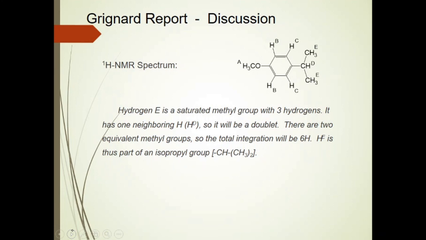If I see an analysis like this, hydrogen E is a saturated methyl group with 3 hydrogens. It has 1 neighboring hydrogen, hydrogen D, so it will be split into a doublet. There are 2 equivalent methyl groups, so the total integration will be 6. He is thus part of an isopropyl group.